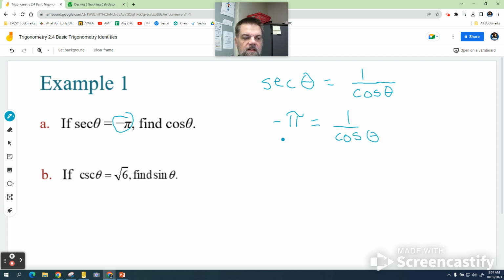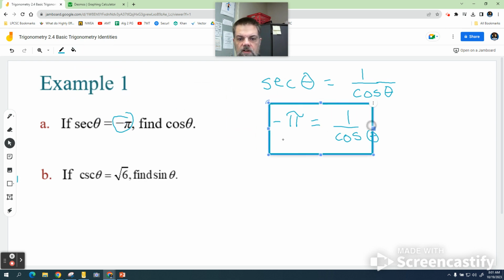So from here, if I look at just this section right here, I can solve that algebraically for cosine, right? So how do I do that? Well, I'm going to multiply. I got to pull this cosine out of the bottom.